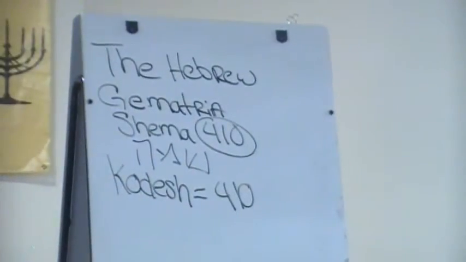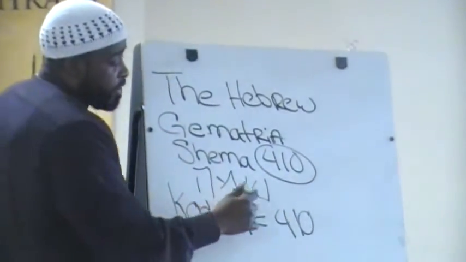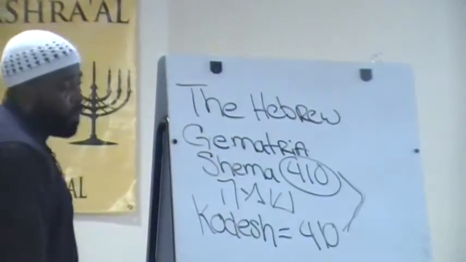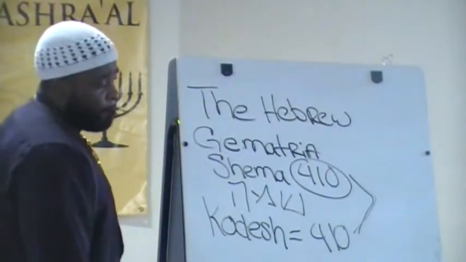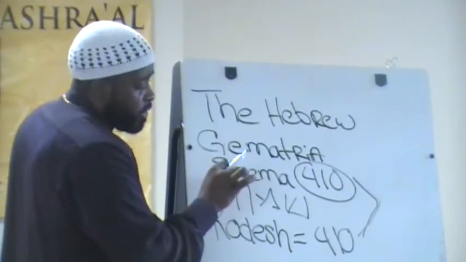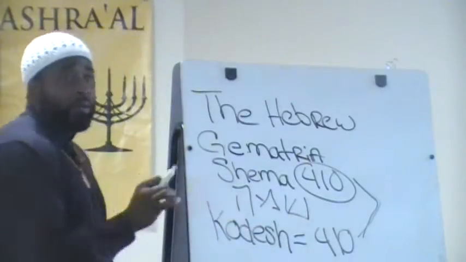When we look at the Hebrew gematria of these words, we see how these two words coincide with one another grammatically. We should be able to see a connection here. So to be obedient means to be set apart. All right? To be obedient means to be set apart.